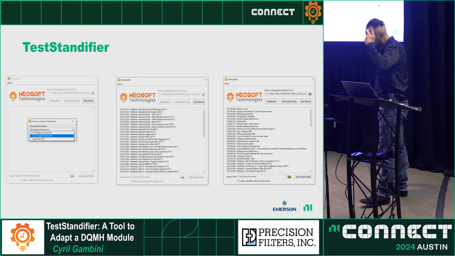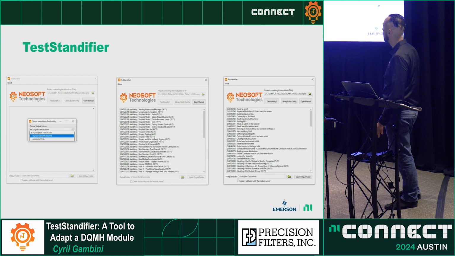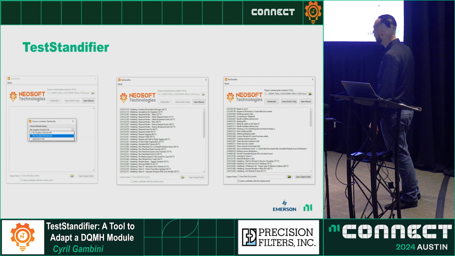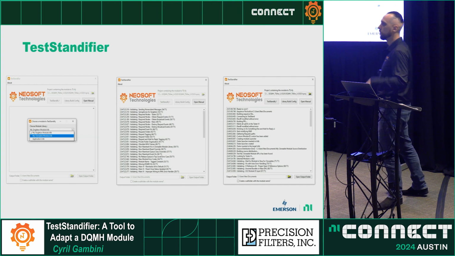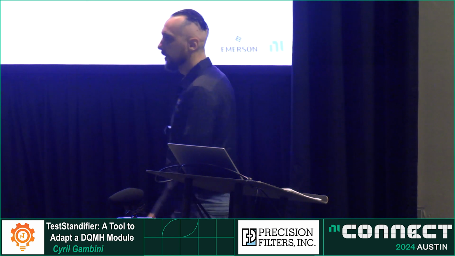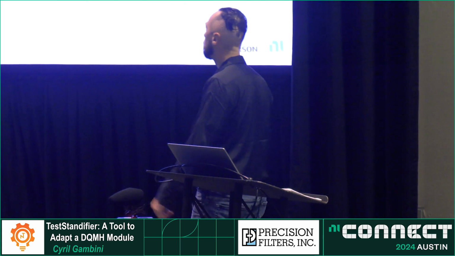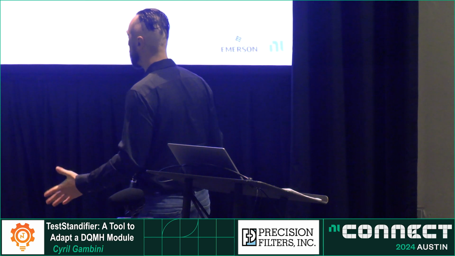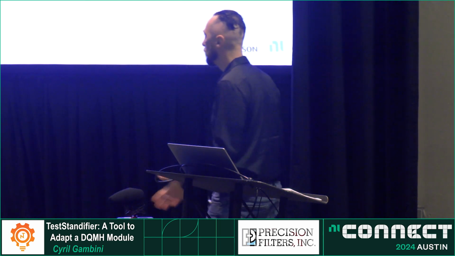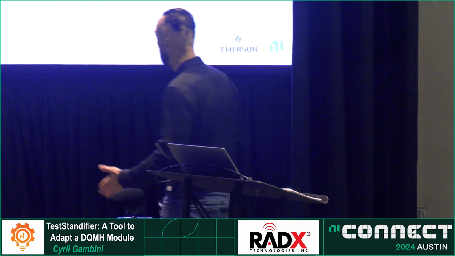So the TestStandifier, I'll give a quick story of it. It's what I call a Netflix idea. It's a Saturday evening, looking at Netflix, not enjoying the show, and an idea pops up: hey, what if I do something that can automate all the changes that are required in a module to make it work with TestStand, so that I can have a program do that for me?